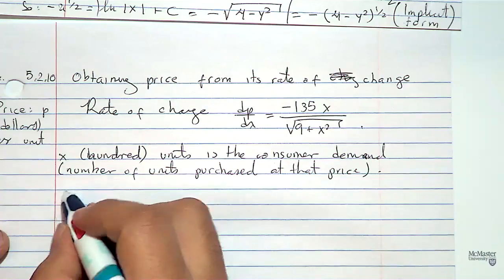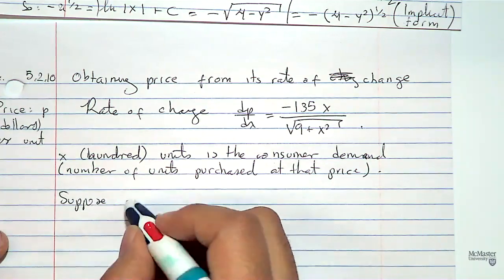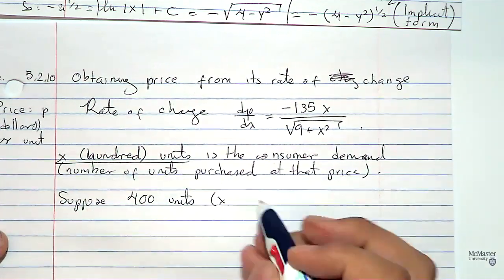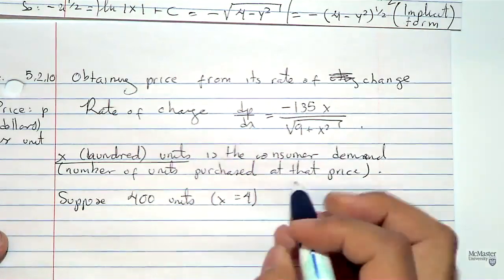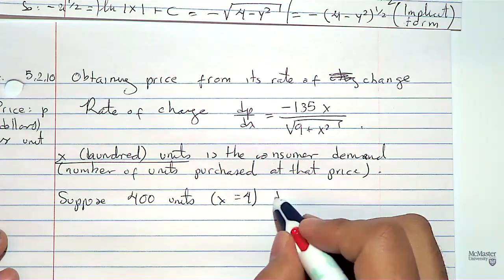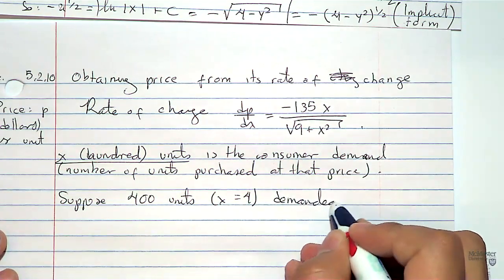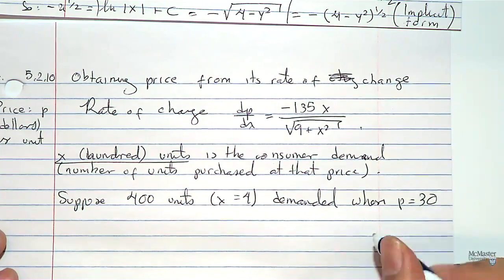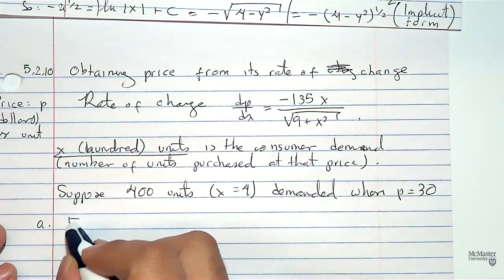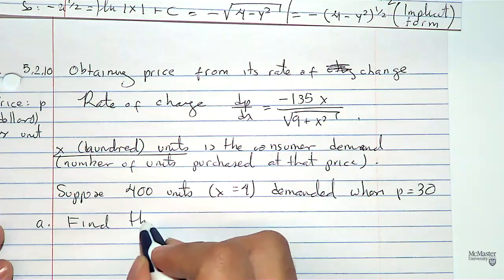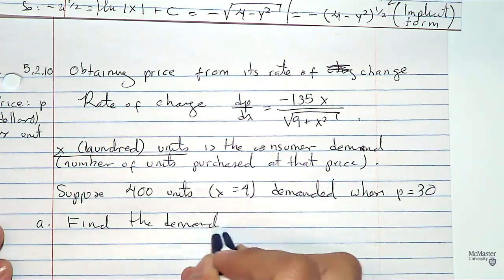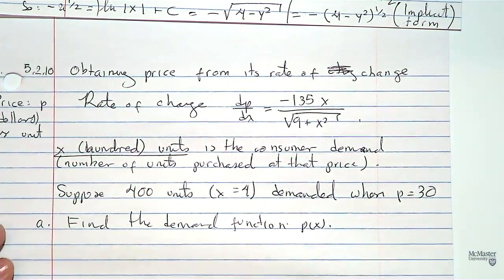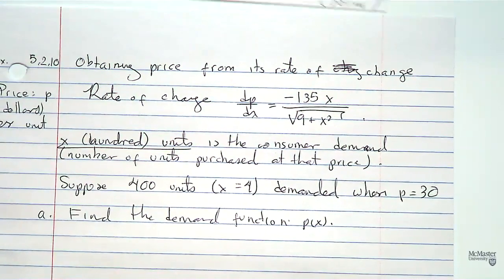So, suppose 400 units, and you have to be mindful of the units because x is expressed in hundreds of units, so that means that x is equal to 4, are demanded when the price is equal to 30. So the first command is to find the demand function p of x. Okay? So we start from here next class. Keep it in mind because I won't write this again.